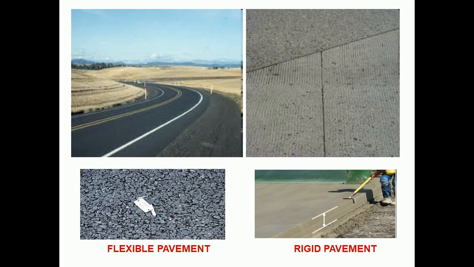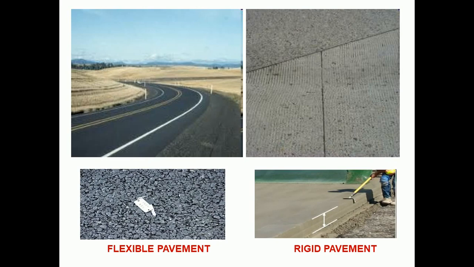In this picture you will find the finished view of the flexible pavement, and this is the finished view of the rigid pavement. And during any stage of construction, this is the view of the top layer of the flexible pavement, and this is the view of the rigid pavement when the construction is going on.